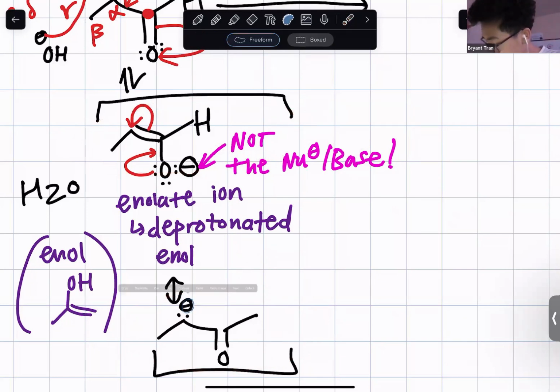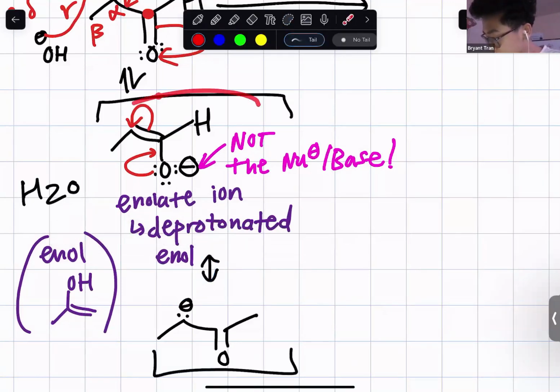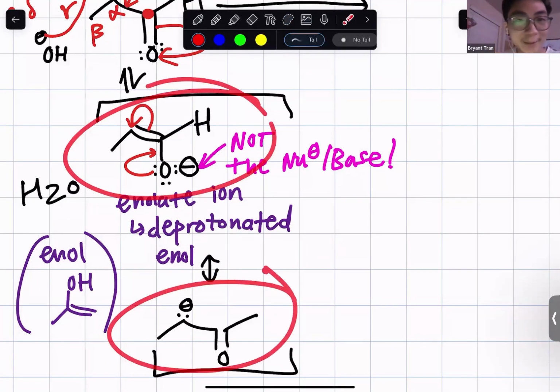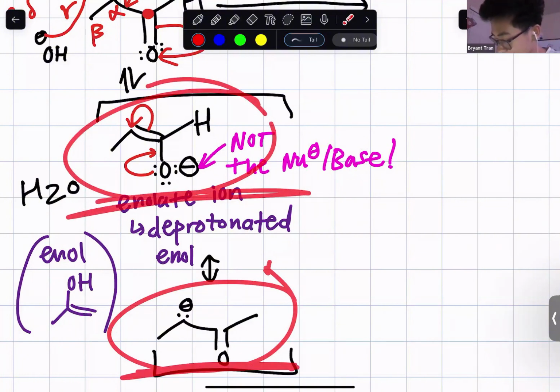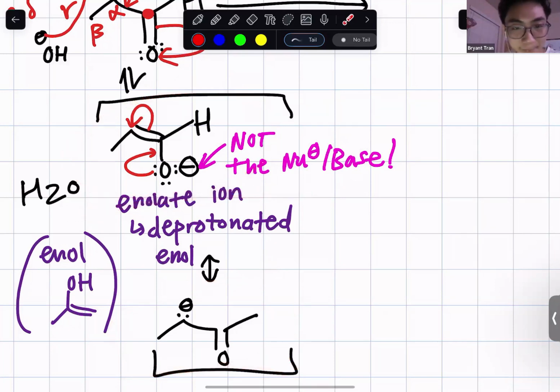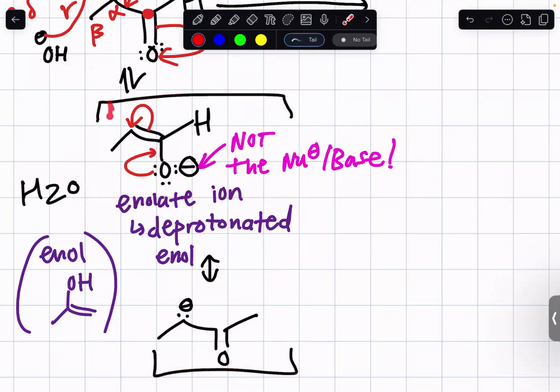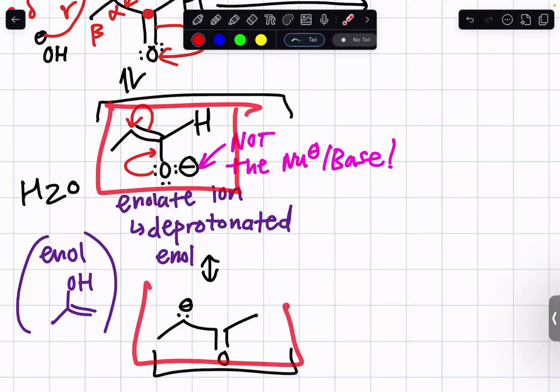Which resonance structure would you say is the major contributor? Which one looks more stable to you? The one on the bottom? What's the difference between the one on the top and the one on the bottom? The carbon is unstable, but the oxygen is more stable.